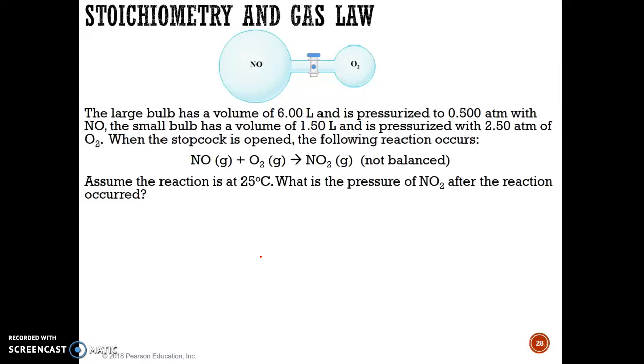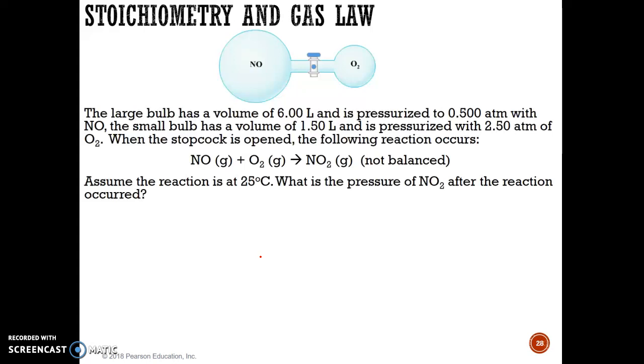And on the other side, we have 1.5 liters with 2.5 atmospheres of oxygen. When they open, these gases are going to react and form a third gas, nitrogen dioxide. Assuming the reaction is held at constant temperature, what is the pressure of nitrogen dioxide after this reaction has occurred?